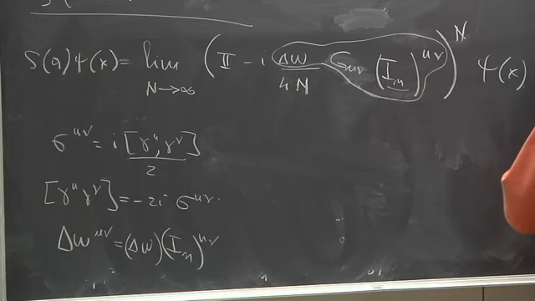Then I have sigma 0 1 times I_N 0 1 plus sigma 1 0 times I_N 1 0. Okay, am I right? Yes.